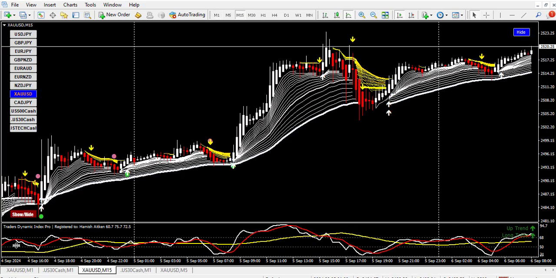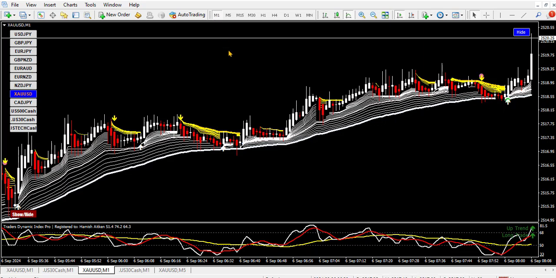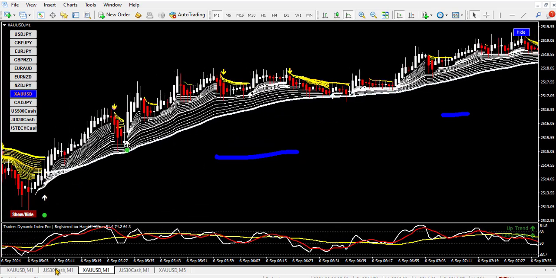Since we have a uptrend in 15 minutes, if you want to scalp on the lower time frame, either 5 minutes or 1 minute time frame, we will only take a buy signal that will be generated with the same indicator, and we have a lot of opportunity to enter this particular trade. We have a lot of opportunity to scalp in the direction of the main trend.